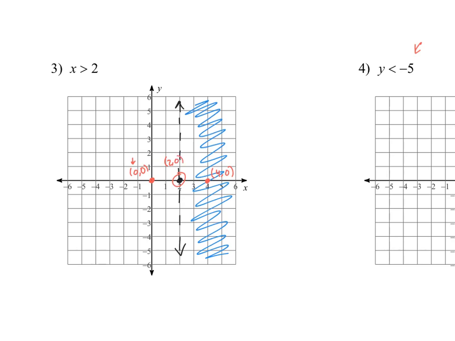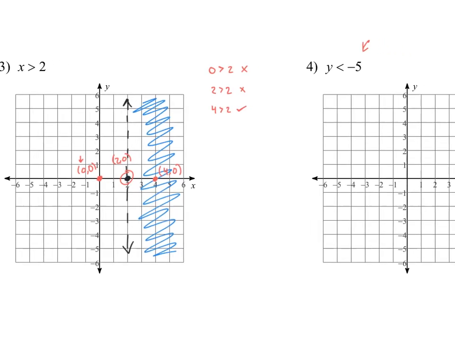So for my first point, that would be 0 is greater than 2. That is not true. So there shouldn't be any shading over there. Then I have 2 is greater than 2. That is also not true. 2 is equal to 2. Therefore, my line should be dotted, which it is. Finally, I have 4 is greater than 2. This is correct, so my shading should be to the right.